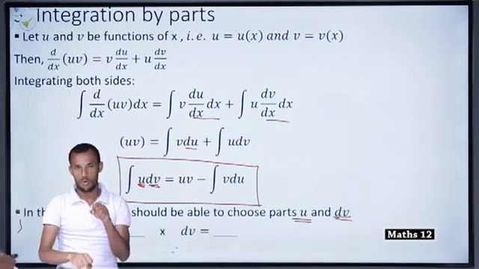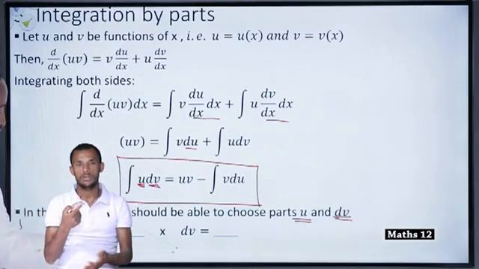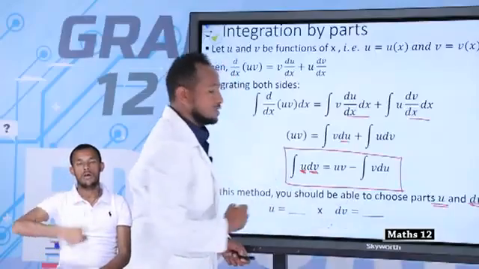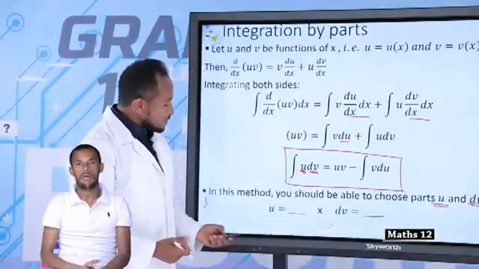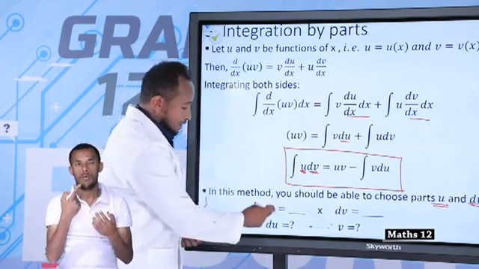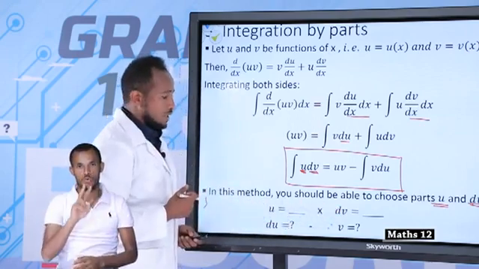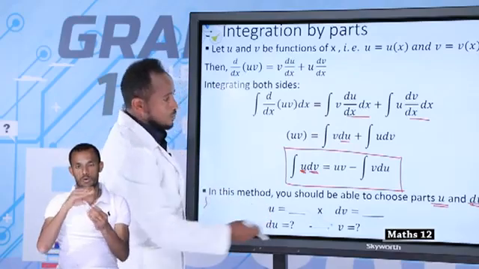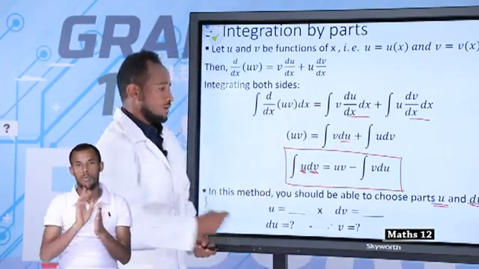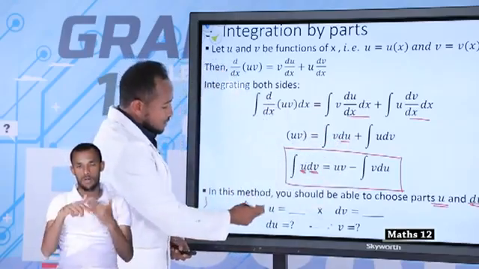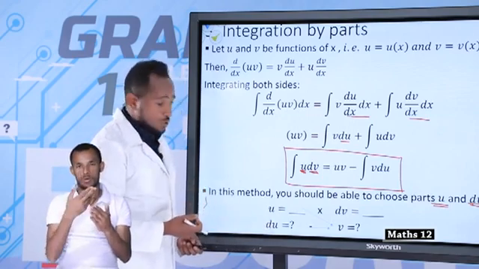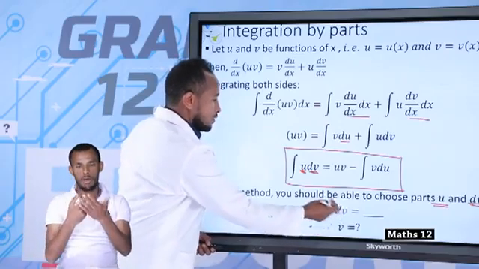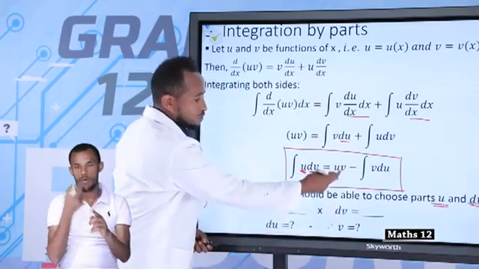After letting u and dv, you have to find du also, because we need du in this formula. From u you can find du, that is the derivative of u. And we have dv here, and from dv we need v also.